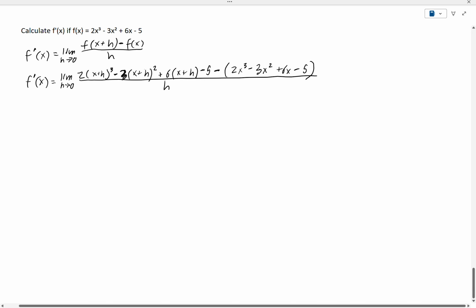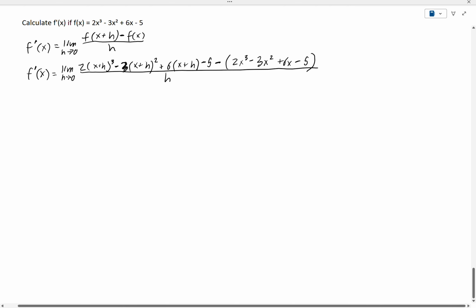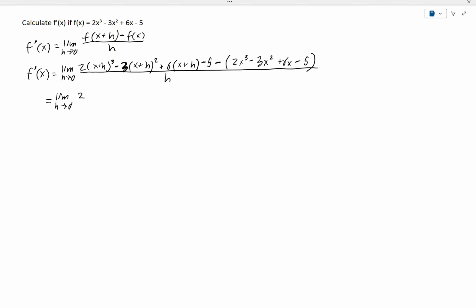So now, for this next step, I'm going to distribute and use FOIL and whatever else I can to split this up a little. So I'm going to write 2, and I'll do FOIL with my first two factors of x plus h here. So that's going to be x squared plus 2xh plus h squared times x plus h. And for the second two factors of x plus h here, I'm also going to FOIL those.